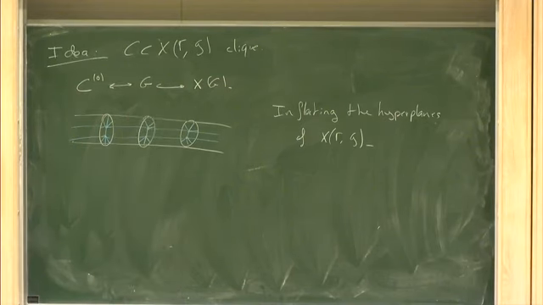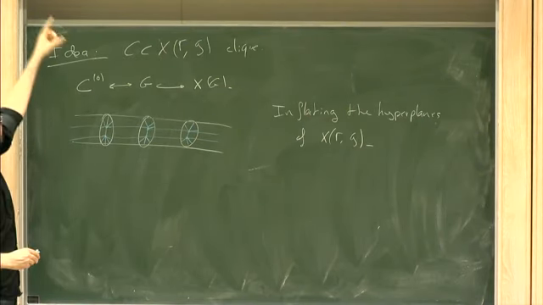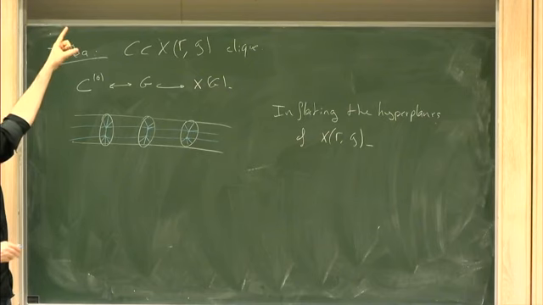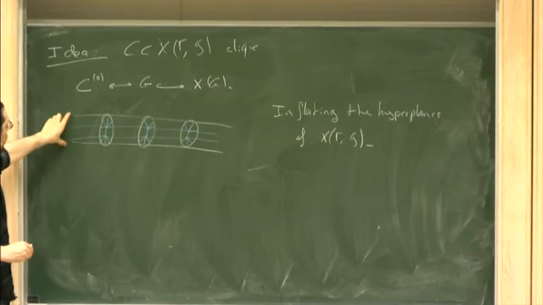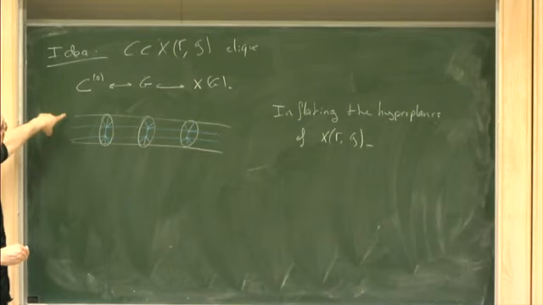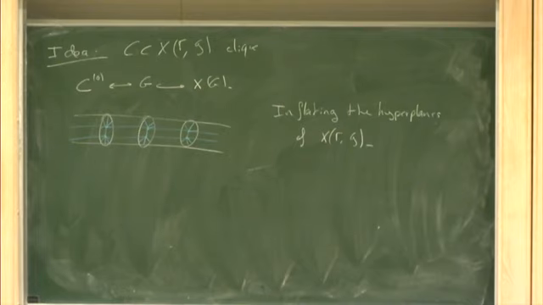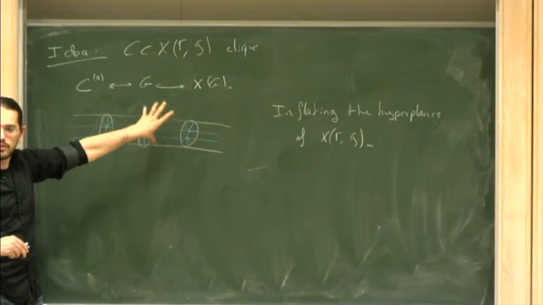Okay, so I start with X(Gamma G). I inflate the hyperplanes using my collection of actions, and now I claim that this is a quasi-median graph, that the action on X(Gamma G) extends to Y and satisfies this condition. Okay, so the details are rather technical, but the basic idea is quite simple.